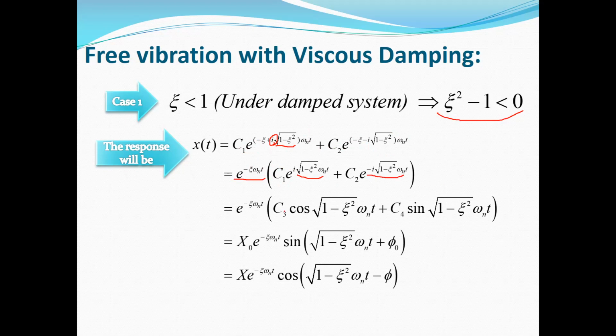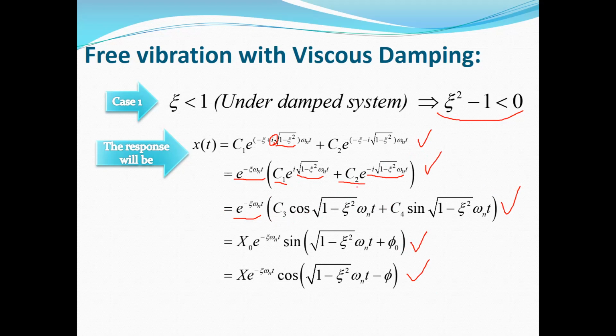Or we can write it in cosine and sine form. Again, here you can write the exponential of the imaginary part with c3 and c4, which of course are different from c1 and c2. You can write x(t) in any of these forms. I mean, you can write it in this form, or in cosine and sine, or only in sine form or cosine form.